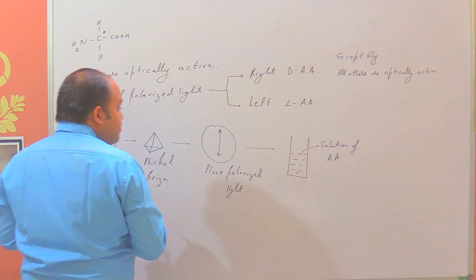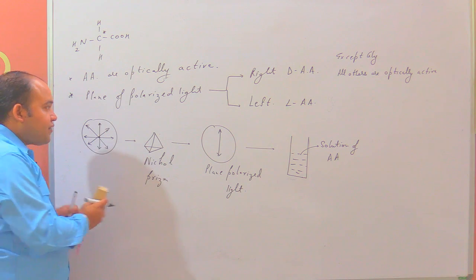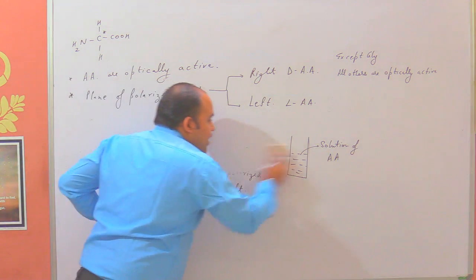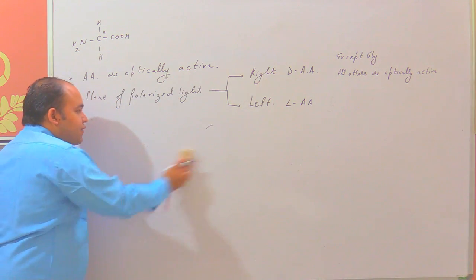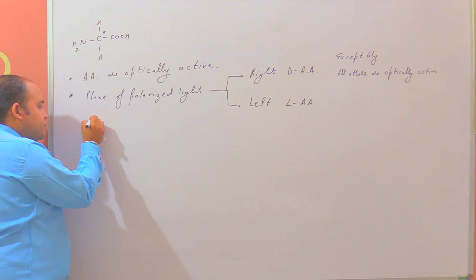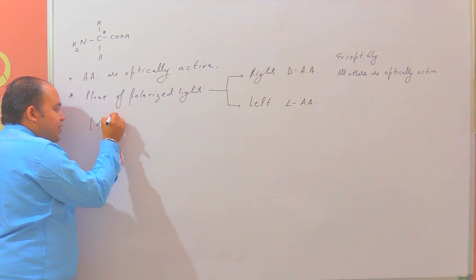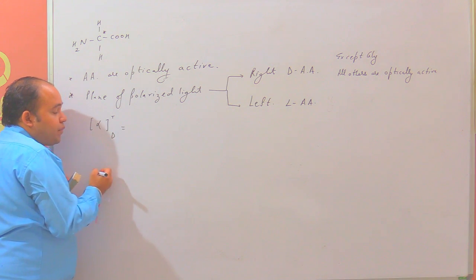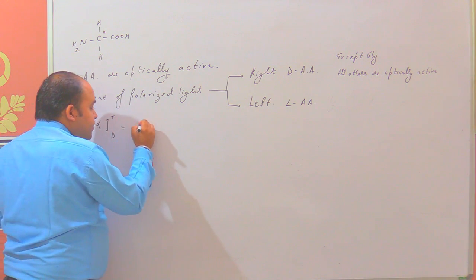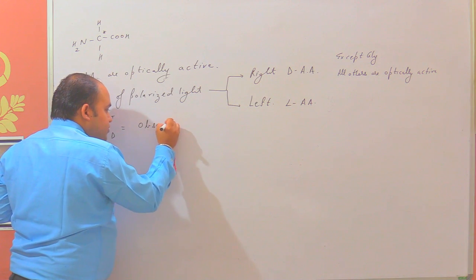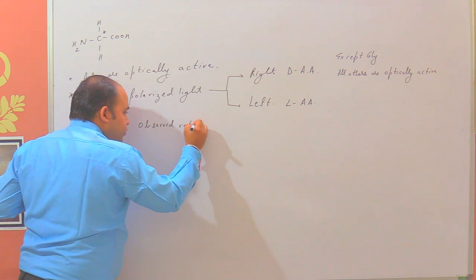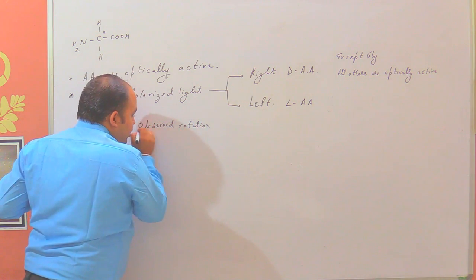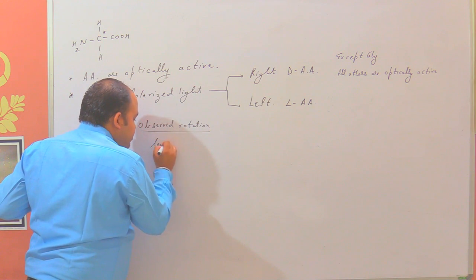The formula used is T alpha D, the optical activity at standard temperature, equals observed rotation divided by length times concentration.